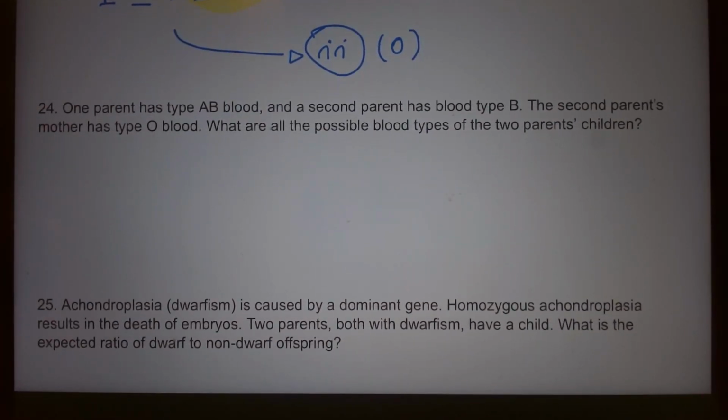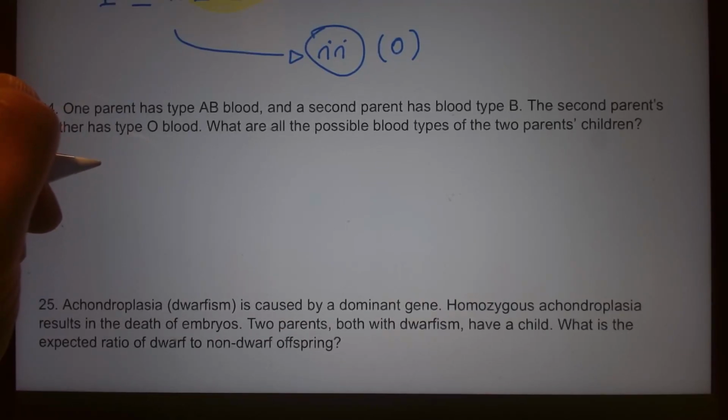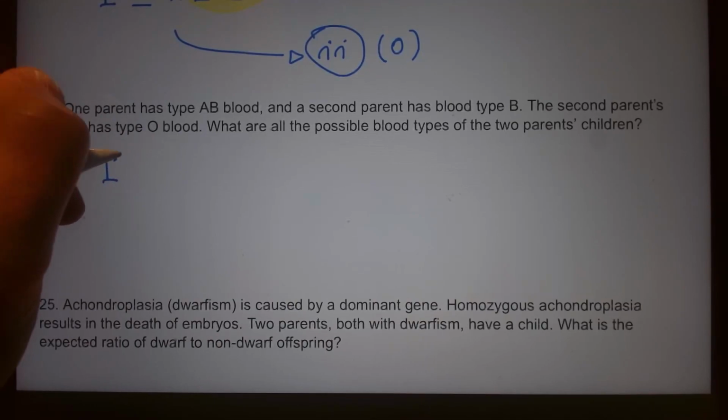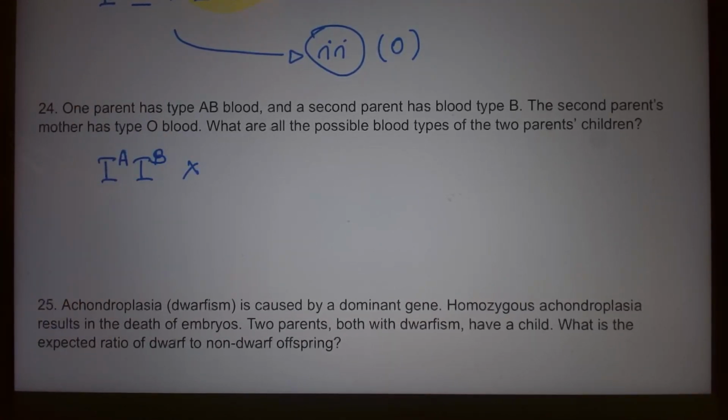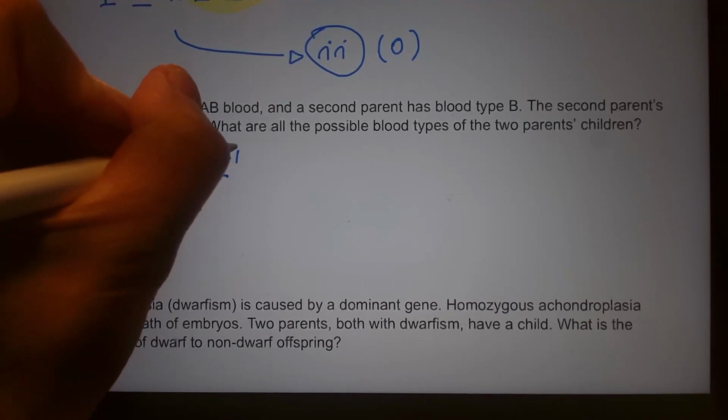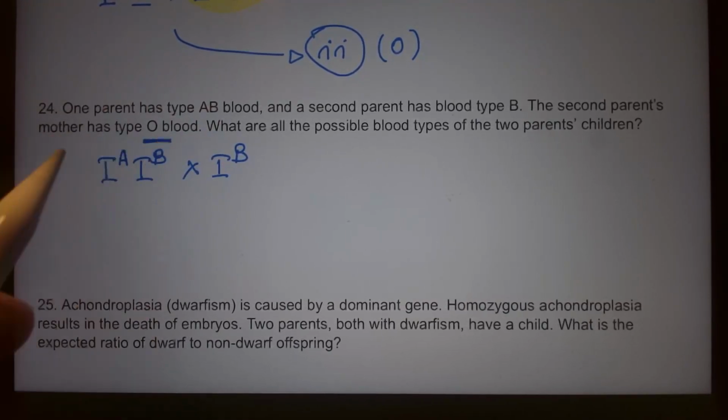Okay. Another question. One parent has type AB blood and the second parent has type B. The second parent's mother has type O blood. What are the possibilities for the two parents' children? So parent 1 is I^A I^B, and we cross with the second parent, I^B, but we know that the mother has O blood, so it has to have a recessive allele.